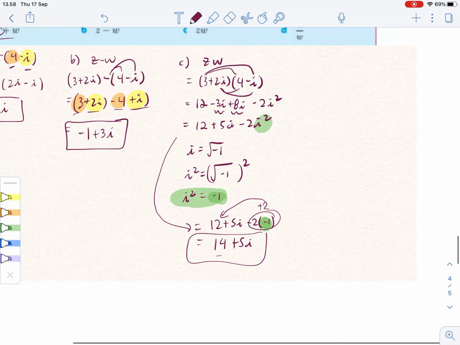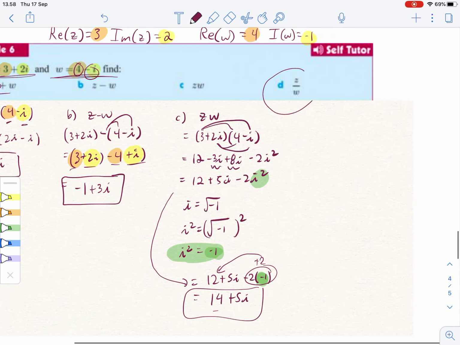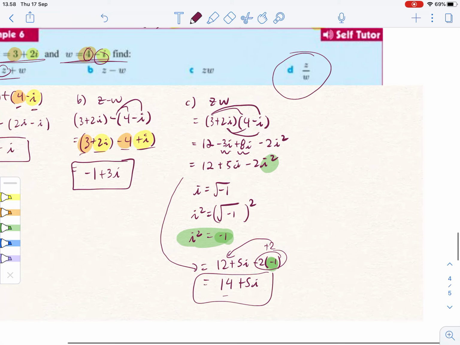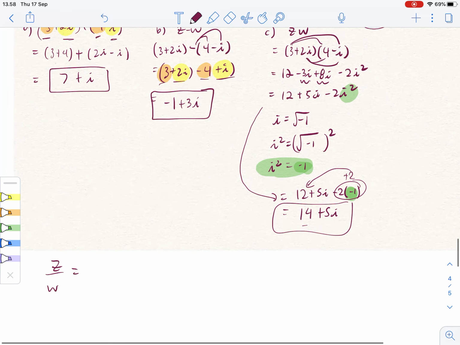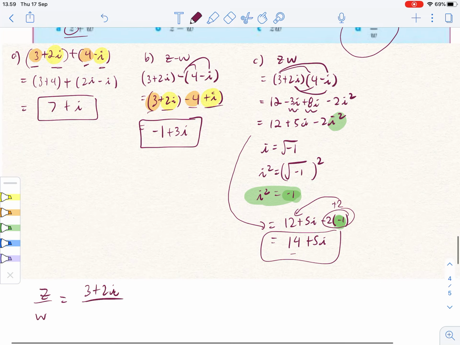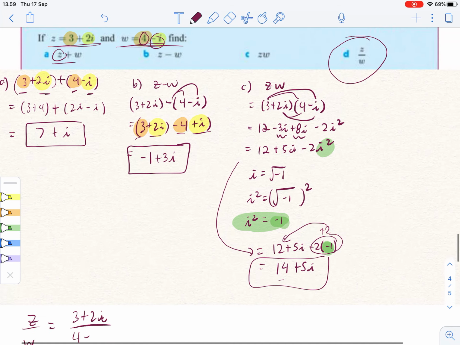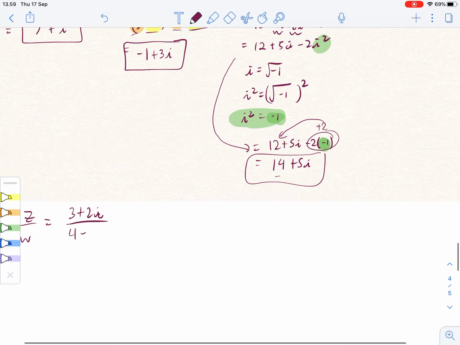All right. And last, here I have z divided by w. So that would be 3 plus 2i divided by 4 minus i.